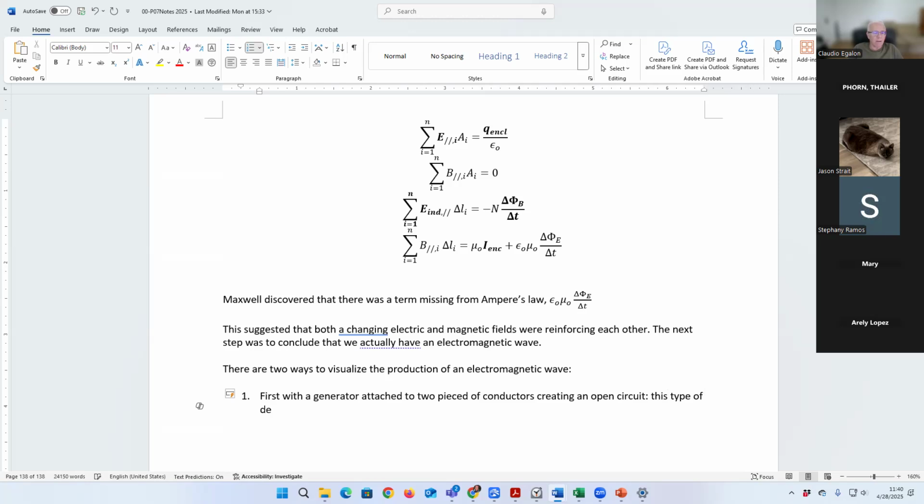This type of device is called an electric dipole antenna. Okay, electric dipole antenna.